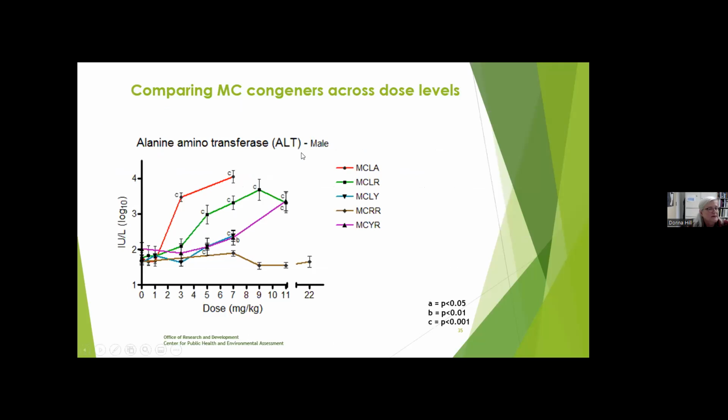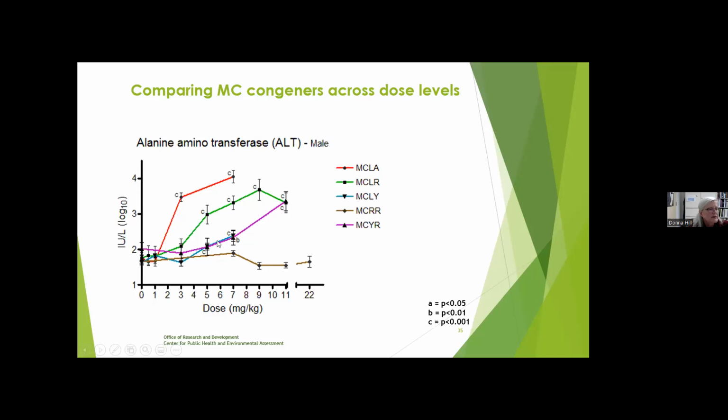And again, it's the liver enzyme we're looking at. I just pulled out the male graph for this, but this is looking at increasing activity of this liver enzyme as dose increases. And you look to see at what dose level the increases start. So the red line is MCLA, and it increases at a lower dose, and then that's followed by MCLR.